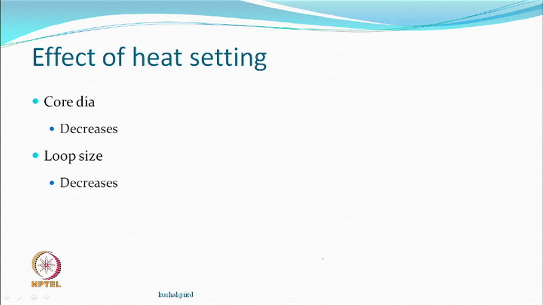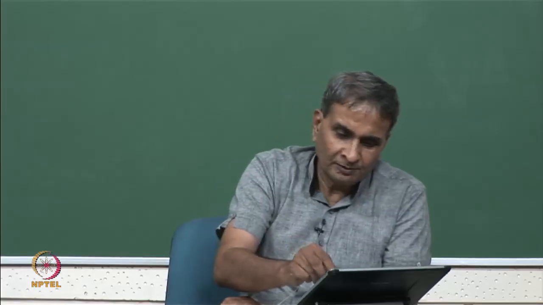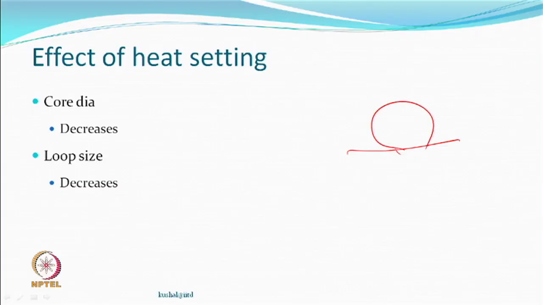Loop size decreases because the free loop which was there can become this. Generally, you expect that. The loop frequency, why would the loop frequency decrease? Only if some of the very small loops were here, they may just disappear.